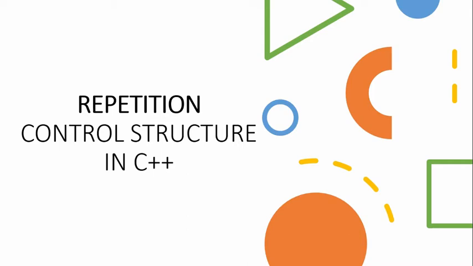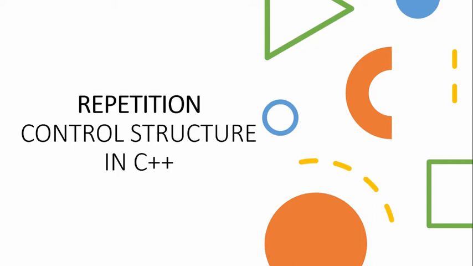So in today's video, I will share with you about the repetition control structure in C++. We will focus on why repetition is needed in our program. Before this, in the last video, we already learned about the selection structure, which discusses how decisions are incorporated in a program.